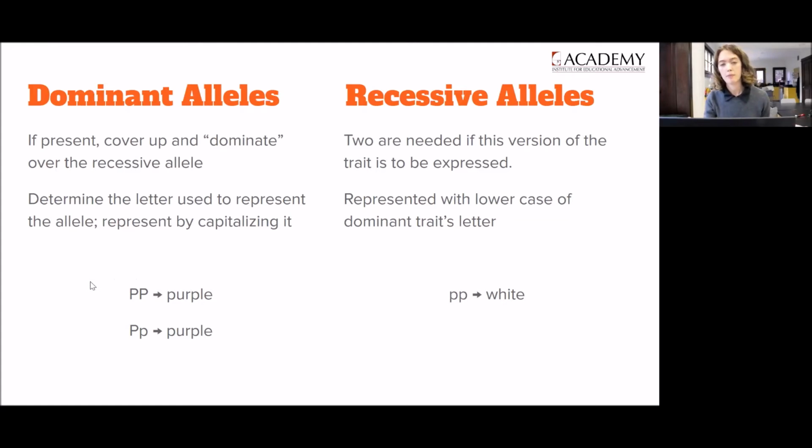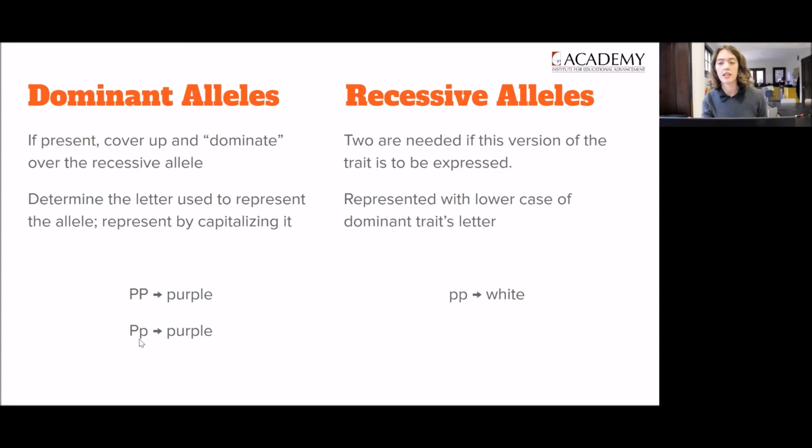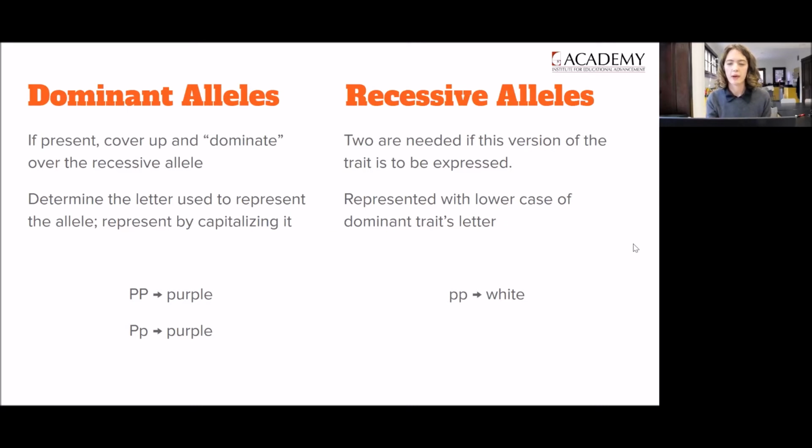The flowers will be purple because that's the dominant trait. There's at least 1 dominant allele there, so that's what wins. And then even if the plant has a capital P and a lowercase p, 1 of each dominant and recessive, the plant will still have purple flowers because the dominant one wins. Only if there are 2 lowercase p's, 2 recessive alleles, will the flowers be white.